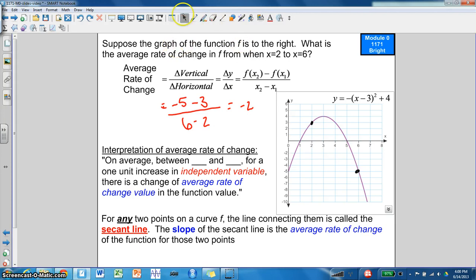One important thing is if I were to connect these dots with a line, which would of course extend on forever, the line that I just drew is called the secant line.